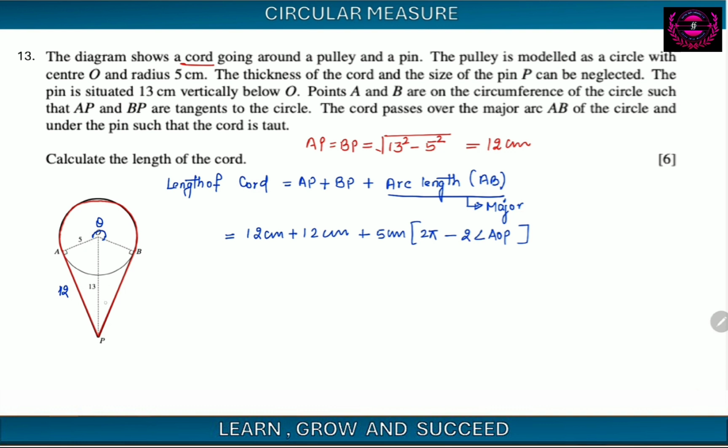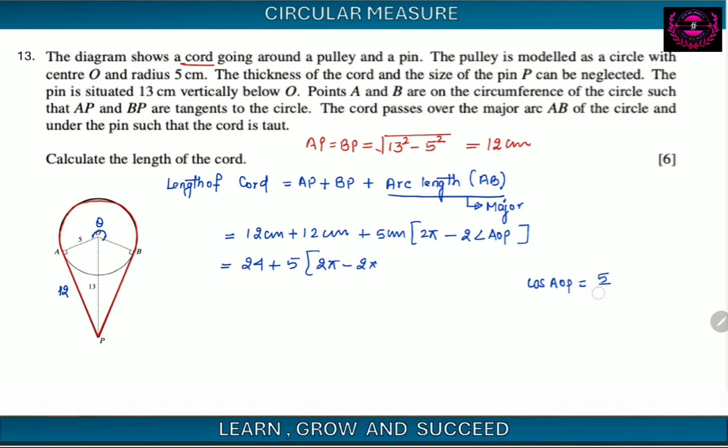So if you subtract 2 into angle AOP from 360 degree, it will give you theta, which is 24 plus 5 into (2 pi minus 2 into angle AOP). Cos of angle AOP will be base upon hypotenuse.